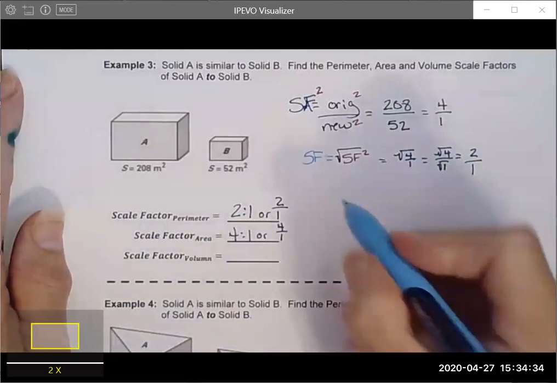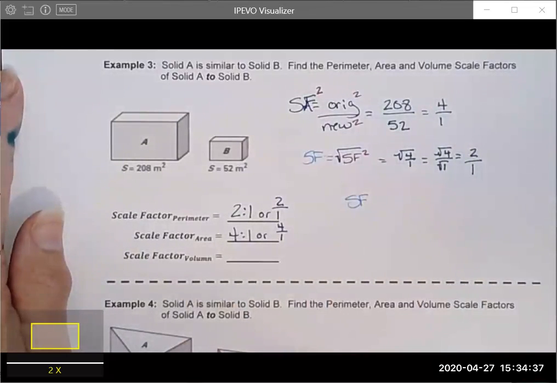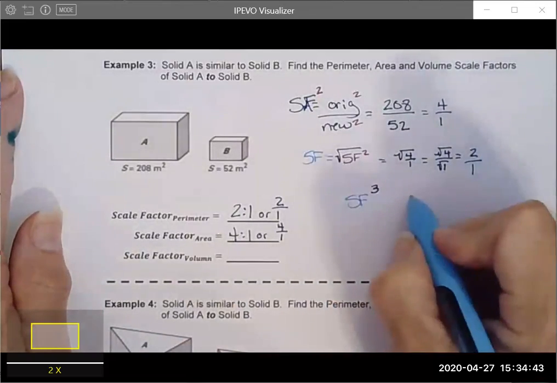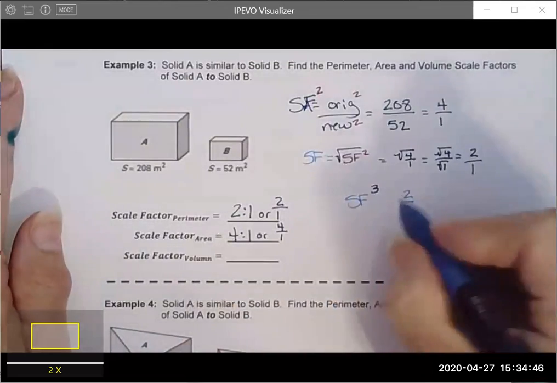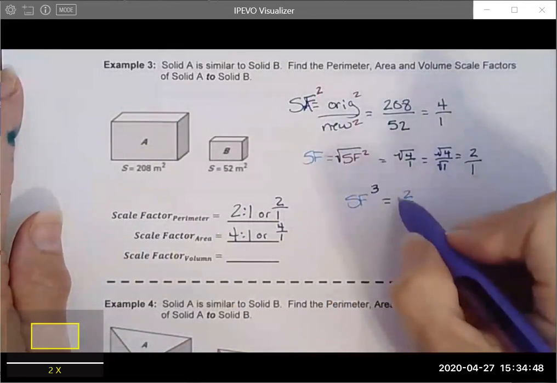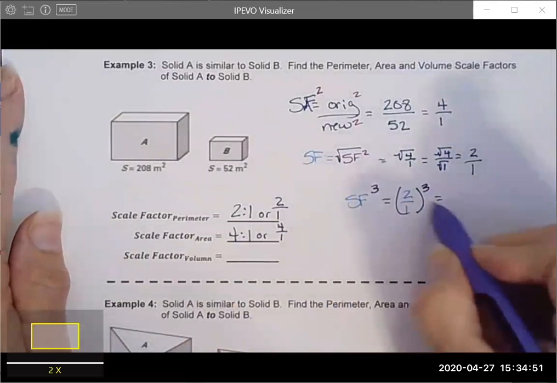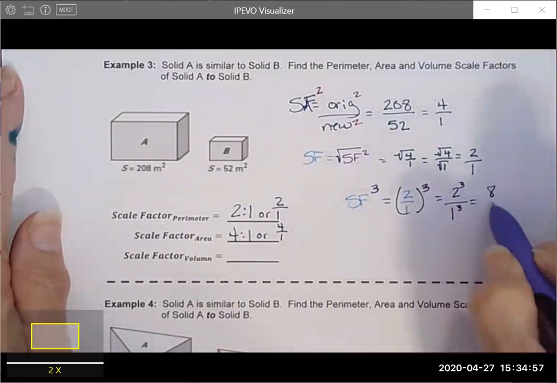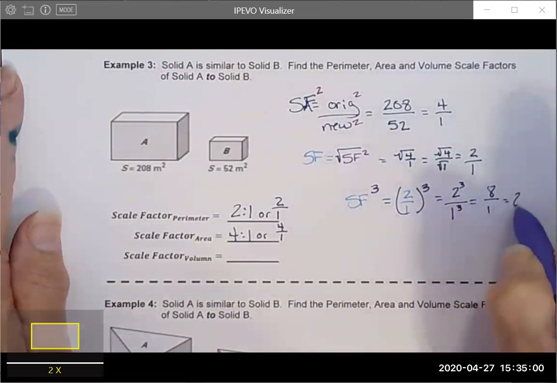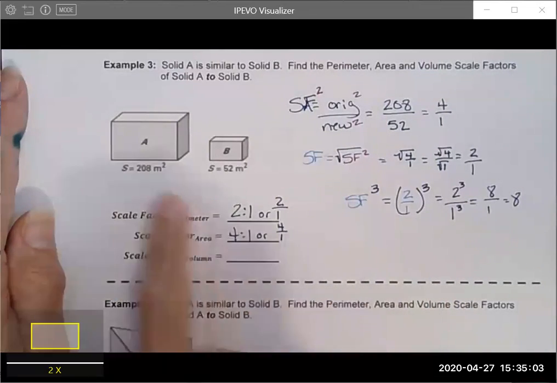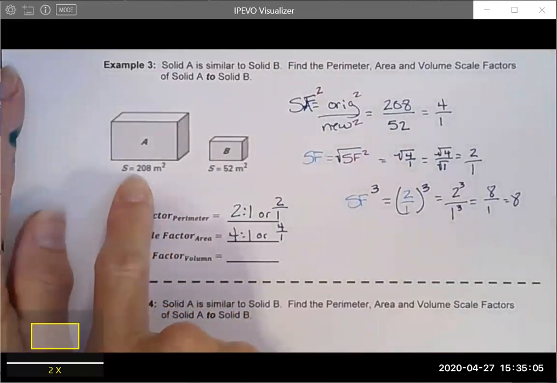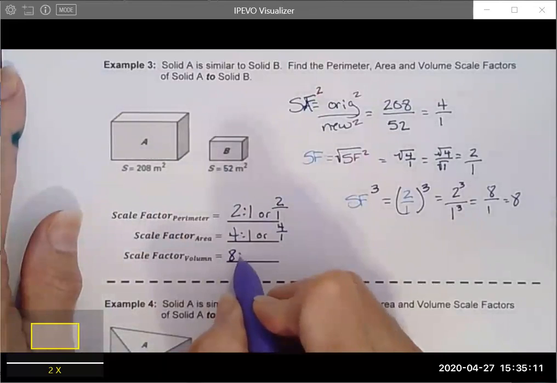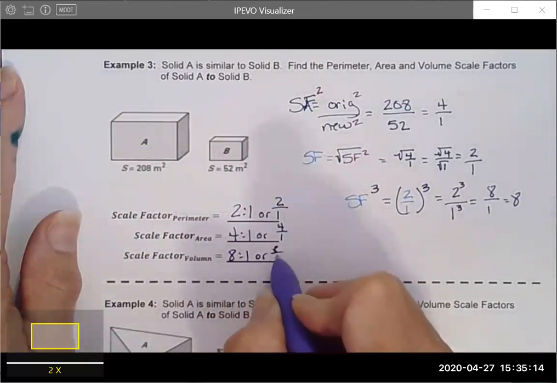To do that, I remember that the volume scale factor is my original scale factor cubed. So I take my original scale factor, which was 2 over 1, and I'm going to cube this whole fraction, which is really just the same as 2 to the third power over 1 to the third power. 2 to the third power is 8. 1 times 1 times 1 is 1, so 8, which tells me that the volume of my original figure A is 8 times the volume of my new figure B. Write this as 8 to 1, or you can write it as 8 over 1.